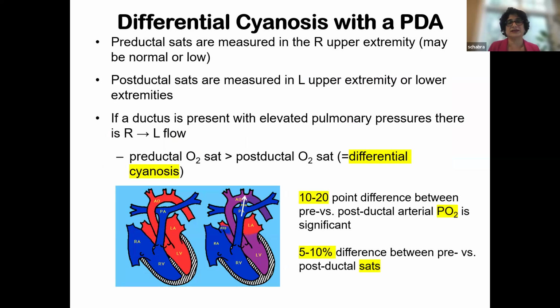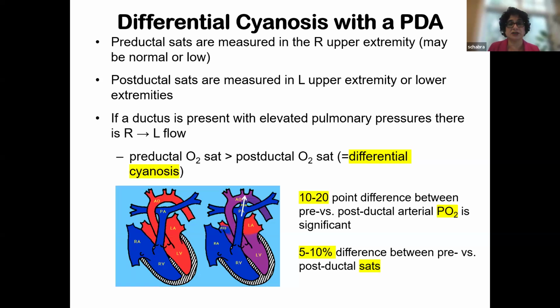A lot of times we will tell the nurses to put two saturation probes, one preductal, which is in the right upper extremity, and the postductal can be in the left upper extremity, or usually we ask for the lower extremity. And if there is a duct present with elevated pulmonary pressures, there is a right to left flow.